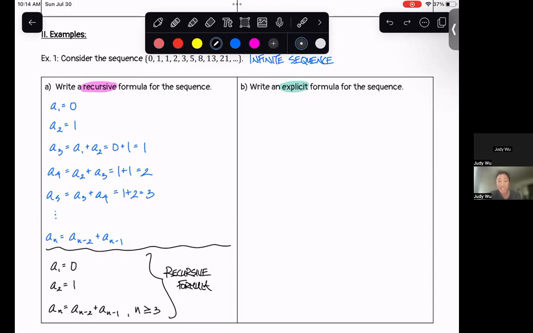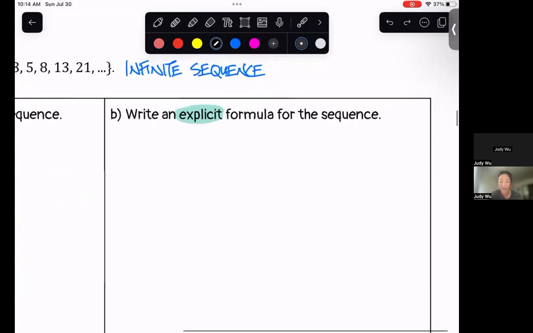Now, the explicit formula for this one is actually pretty tricky, and I'm not going to make us find it, but rather I'm going to give it to us, okay? Just to kind of drive home a point that sometimes that recursive formula is actually a little bit easier, and finding the explicit one can be a little bit more challenging, okay?